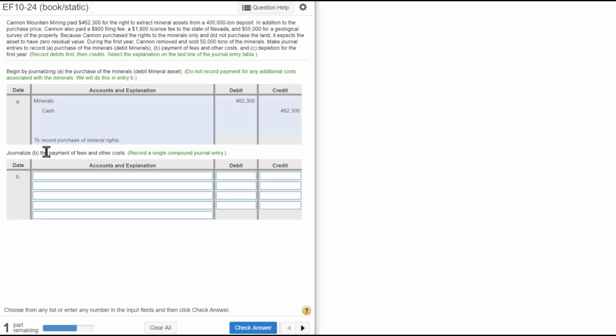Then later, we're going to journalize a payment of fees and other costs, and it tells you to record a single compound journal entry. So we also paid a $9,000 filing fee, an $1,800 license fee to the state of Nevada, and $55,000 for a geological survey of the property.